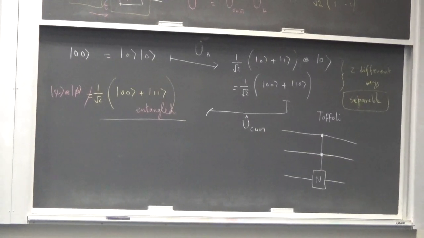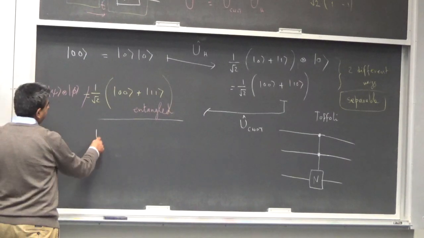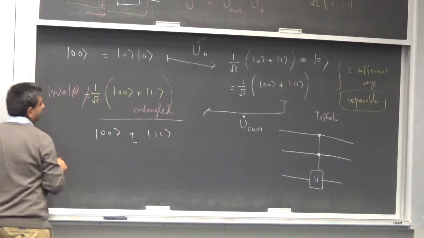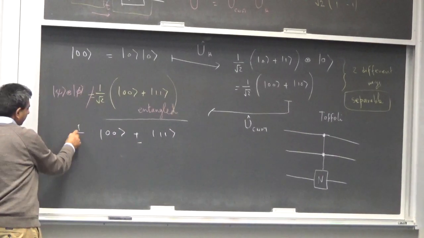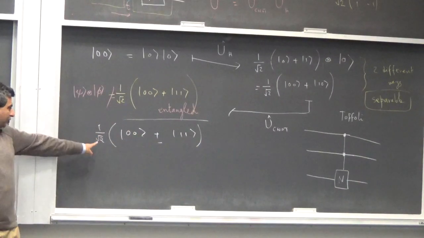So the 4 states are 00 plus 11, or 00 minus 11, of course with the 1 over root 2, because these are the complex coefficients.